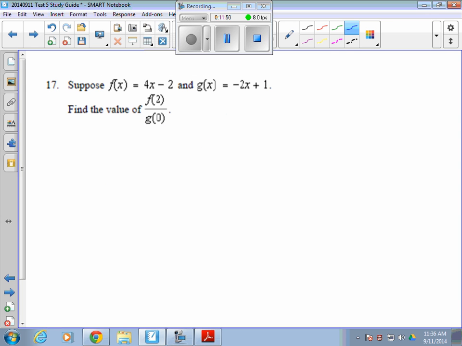Number 17 says, suppose f of x equals 4x minus 2 and g of x equals negative 2x plus 1. It says find f of 2 over g of 0, that's how it's written.